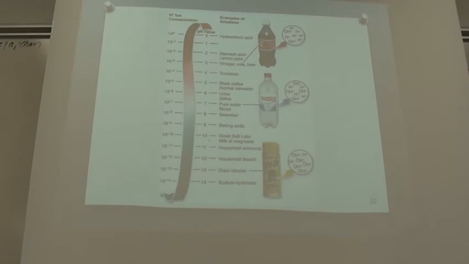We used milk of magnesia in that rainbow demonstration. It has a pH of 10, which is acidic, neutral, or basic? Basic. It's basic. Oven cleaner, which is a very dangerous chemical, please be careful with it, has a pH of 13.